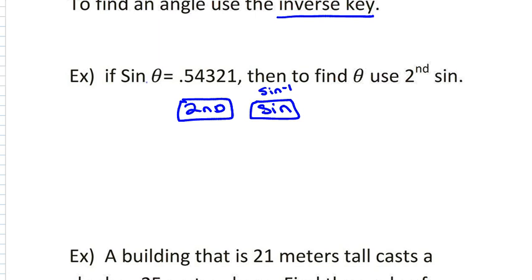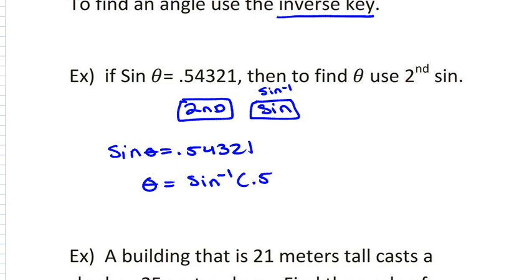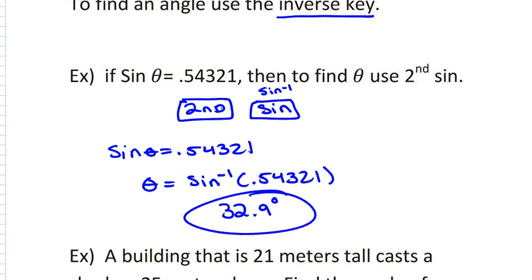So when it says sine theta equals 0.54321, really you want theta is equal to the sine inverse of 0.54321. So when you type that in your calculator, you should get about 32.9 degrees. If you hit second function sine and then 0.54321.